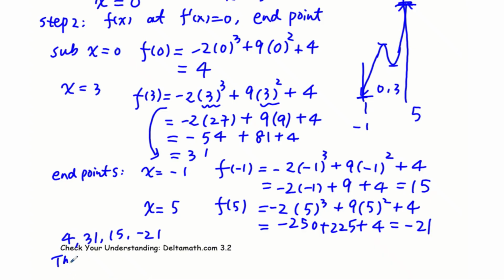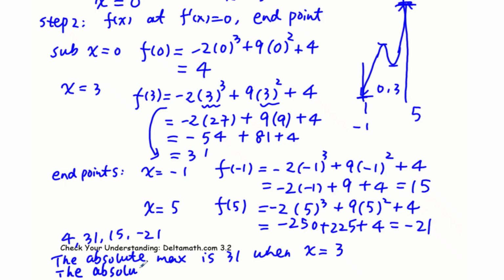Then the absolute maximum is 31, when x equals 3. Then the absolute or global minimum, look for the lowest number, is -21 when x equals 5.